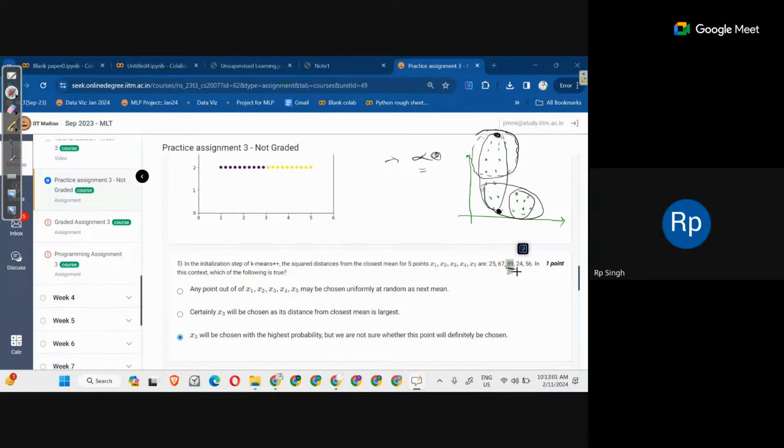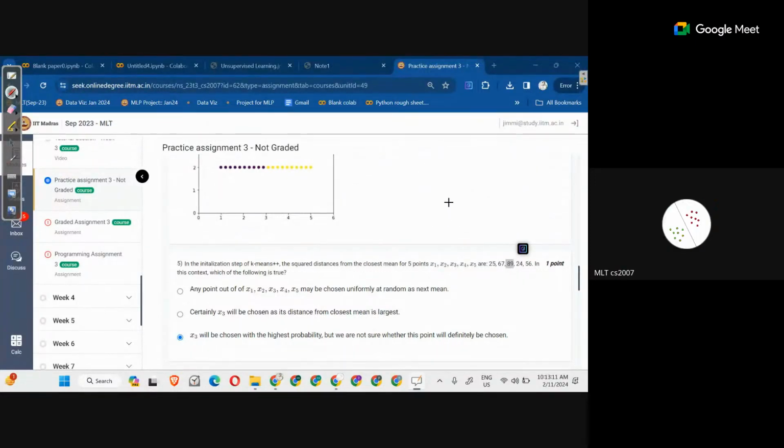But how do we use probability here? What exactly will we do so that we get the initial centroids based on probability? In this case, just take it like this: based on the distance, let's say for some point here there are 4 units of distance, and here there are 3 units of distance.